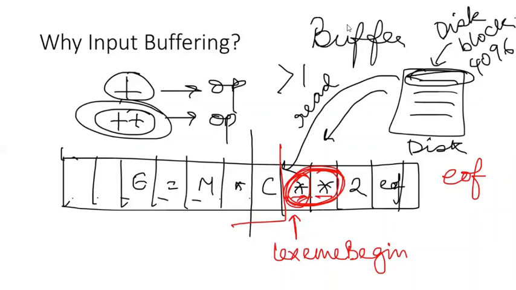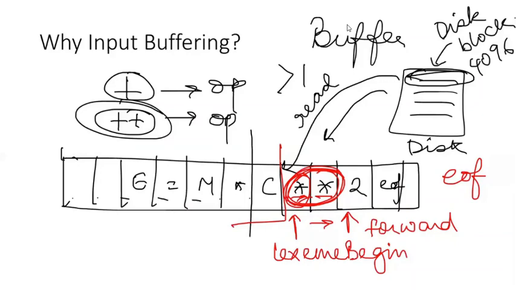Then I have another pointer called the forward pointer. Initially it starts at lexeme begin, but it keeps on moving in this direction till it finds the end of the lexeme, till it has recognized a valid lexeme.